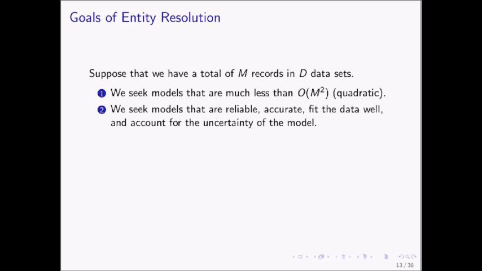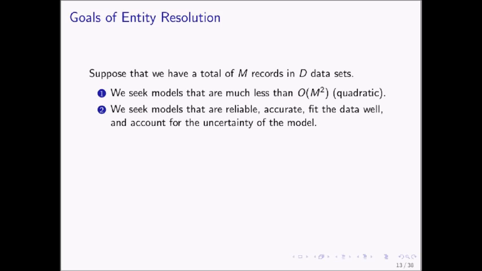So as modelers or just as social scientists in general, we're often seeking models that are much less than quadratic. Or if I'm thinking about it from a probabilistic or mathematical perspective, I want this computational cost to be much less than big O of M squared. And this is really hard. If you look in the literature, there are very few models that satisfy constraint number 1.